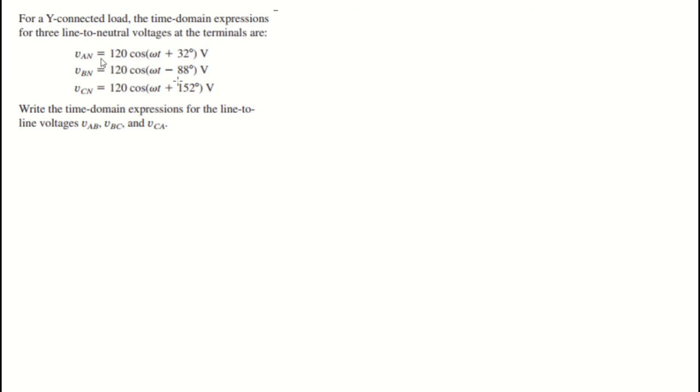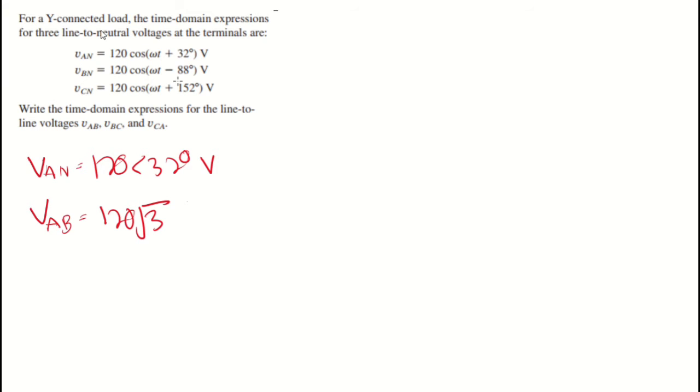So let's look into the first, VAN. So VAN is basically 120 angular 32 degree. So to change to VAB, for example, 120 we have to times with square root of 3, and the angular should be plus 30. Sorry, this is 32.